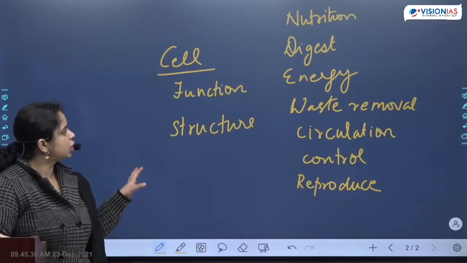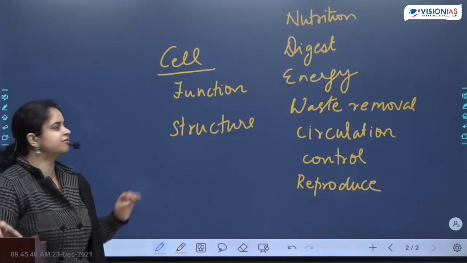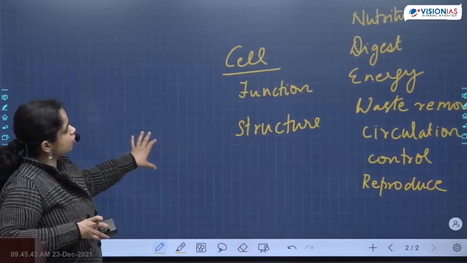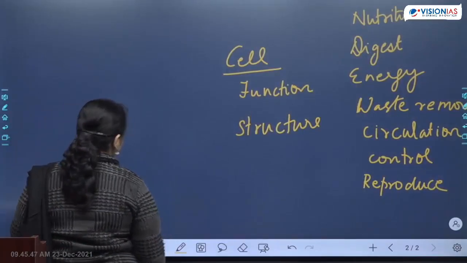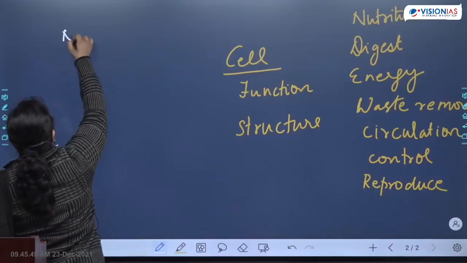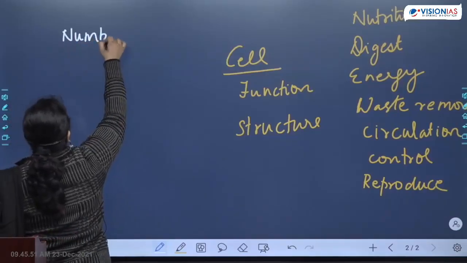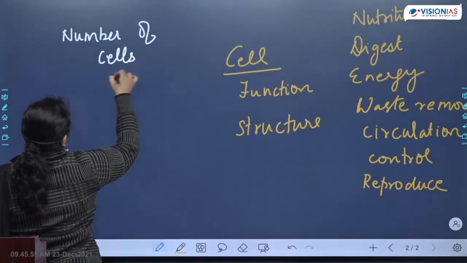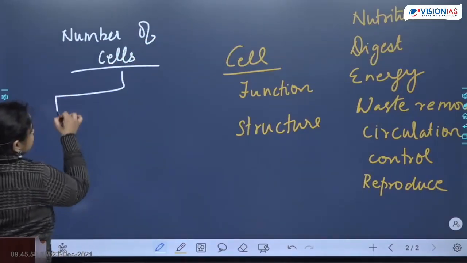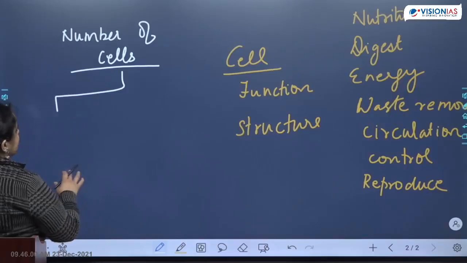Now, based on these cells, we are going to have categorization of different types of organisms. The first classification which we will do is on the basis of the number of cells. How many cells does an organism have?